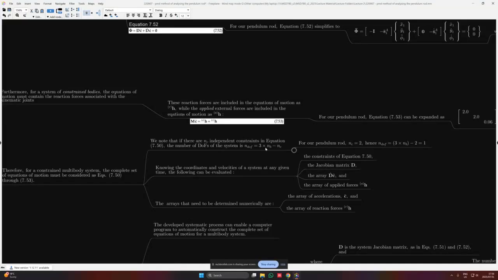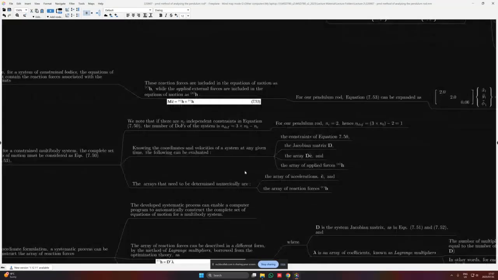So 3 minus 2 gives a single degree of freedom in my system. And this makes sense if we consider the pendulum rod. It essentially only swings or rotates about the z-axis.